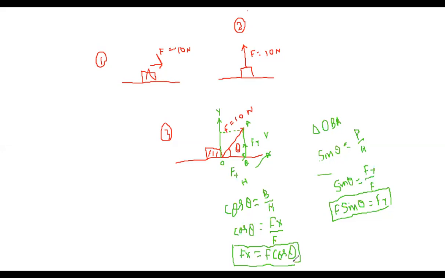And in figure 3, the force is acting on this body by making any angle theta, which you can say 30 or 60 or whatever. So that will be resolved into components.